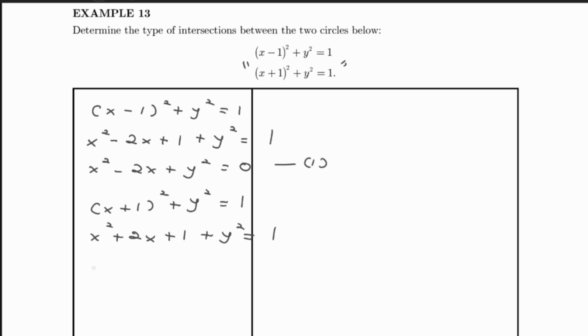Do some simple calculation, and you have x squared plus 2x plus y squared equal to 0, which means our y squared will be negative x squared minus 2x. Let's name it the second equation.